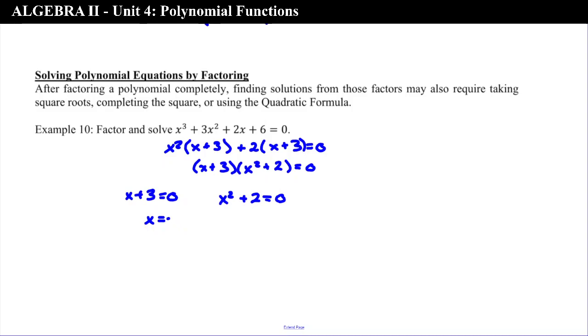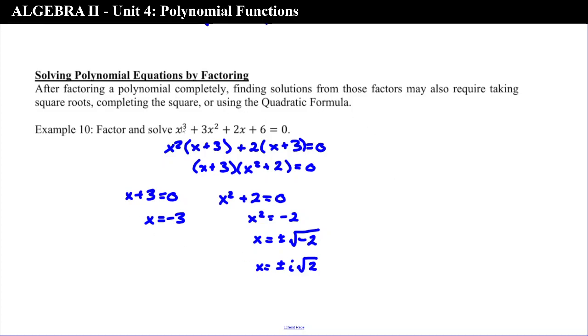We've got x equals negative 3. The other one, we've got x squared is equal to negative 2, and then we take the square root of each side, and that gives us plus or minus the square root of negative 2. And we simplify the radical, which gives us plus or minus i square root of 2. So we have our 3 solutions. Positive i square root of 2, negative i square root of 2, and then negative 3 over here.